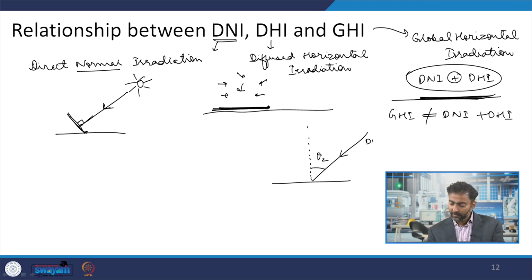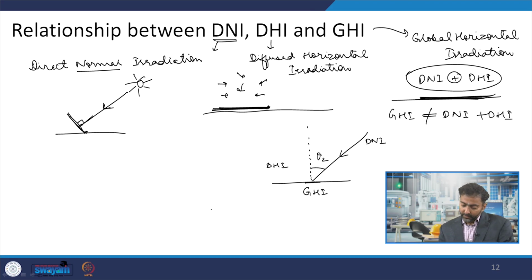This is my DNI component, and DHI, as we just discussed, is the total diffused radiation on the horizontal surface. Now, I am interested in finding out, at this instant when my DNI or the beam component is coming at a theta z angle to the vertical, what is the total global radiation, or the GHI, global horizontal irradiation.